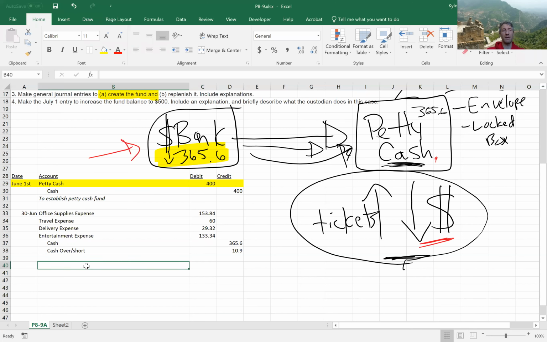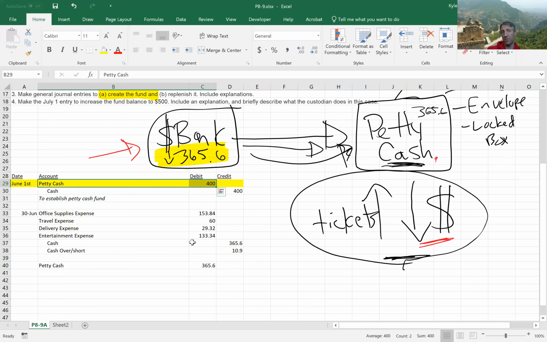If we were to debit petty cash again, and let's say we debited it by $365.60 because that's the amount of cash that's going in it, the amount in petty cash would be the 400. It already has a debit balance of 400 plus $365.60. But it doesn't have a debit balance of those two added together. It only has a debit balance of 400.